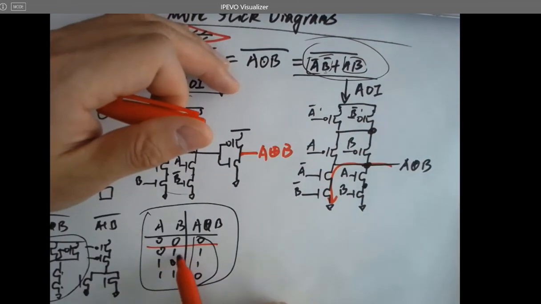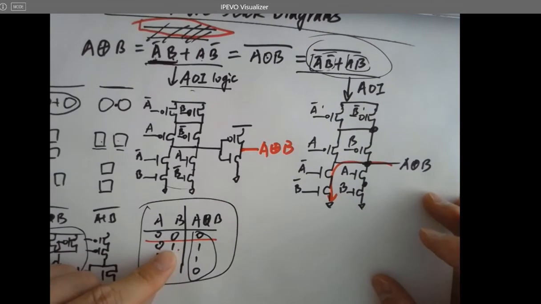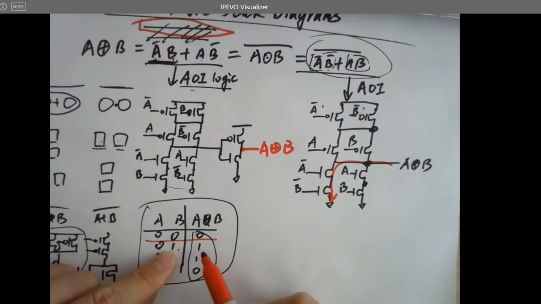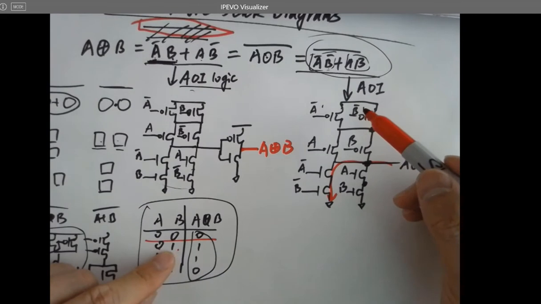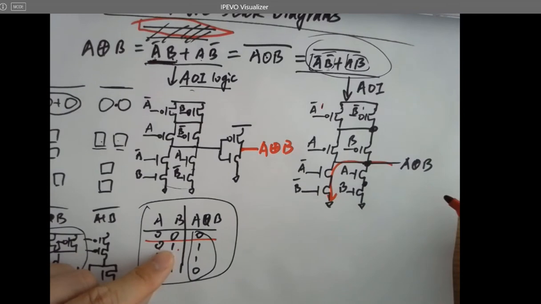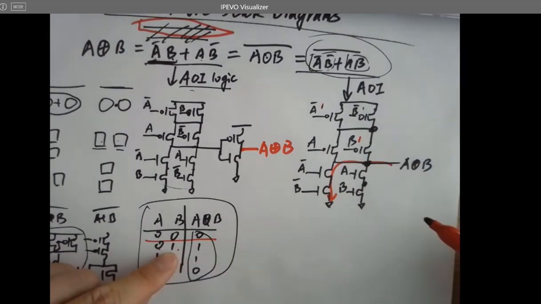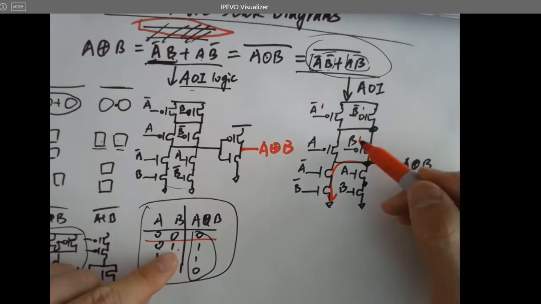Second one, 0, 1. You are expecting 1, right? So let's look at the PMOS first. 0 for A, so which means you'll have a 1 here. And 1 for B, you got a 1 here. 1 here.